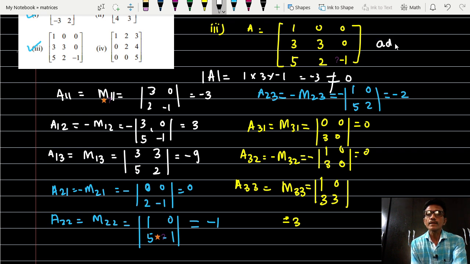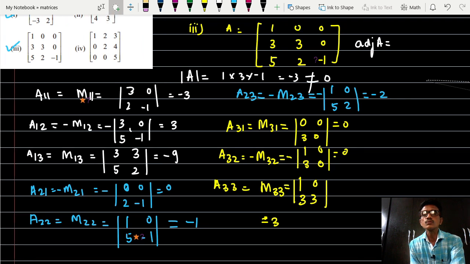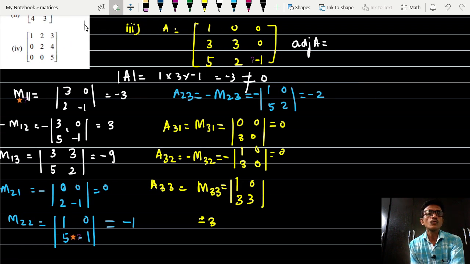The adjoint of a matrix is equal to the transpose of the matrix of cofactors.